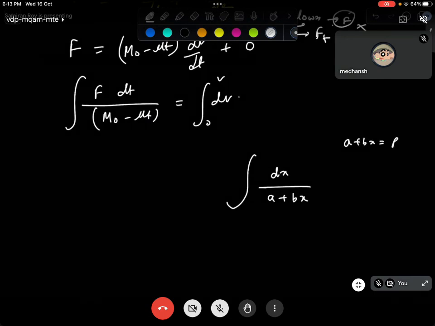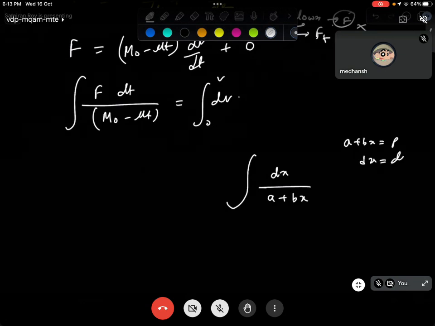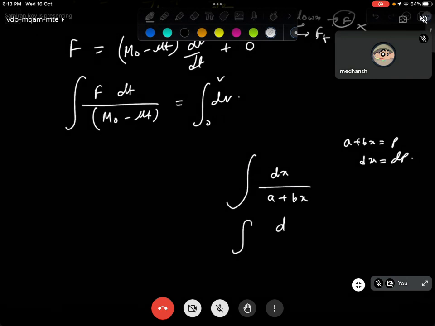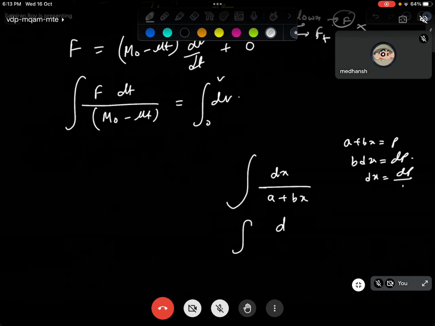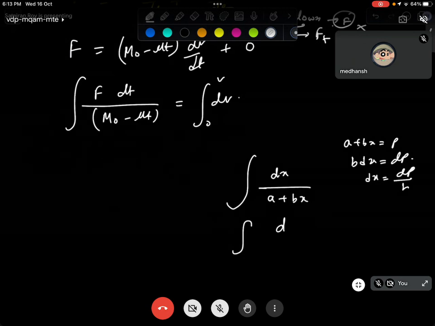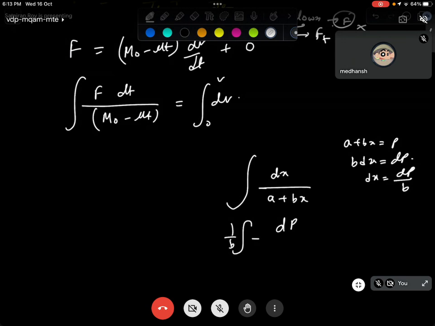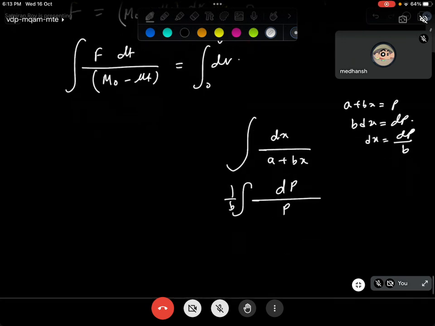Differentiate both sides, you get b dx equal to dp. So dx equal to dp by b. Now you replace dx by dp by b. So 1 by b outside, ln of p.